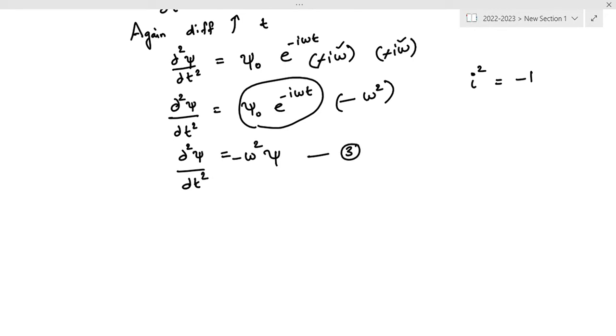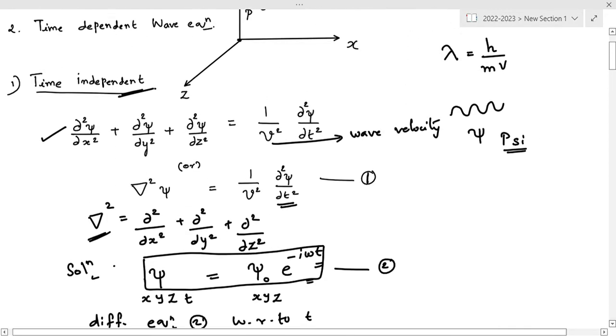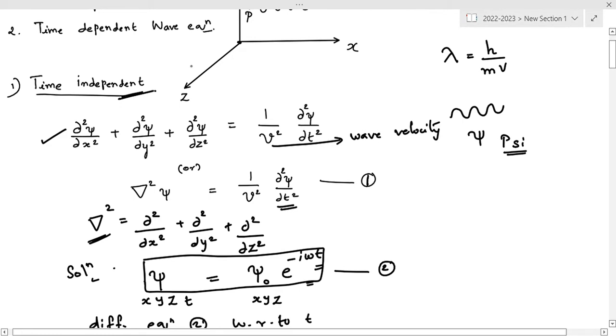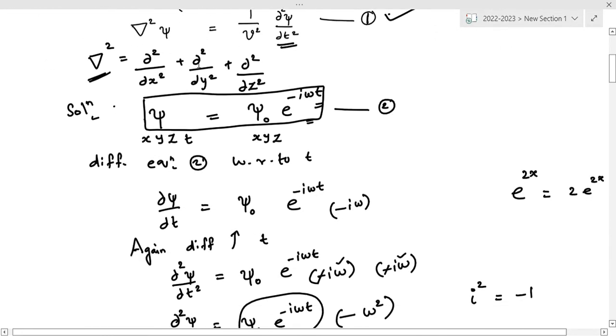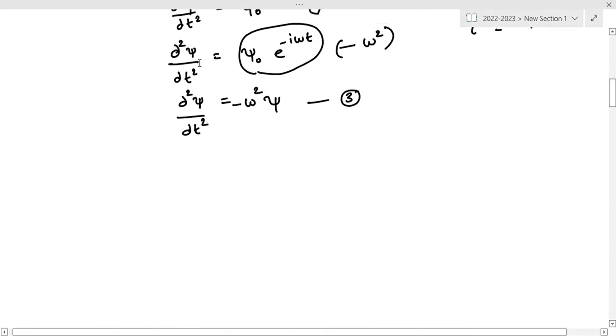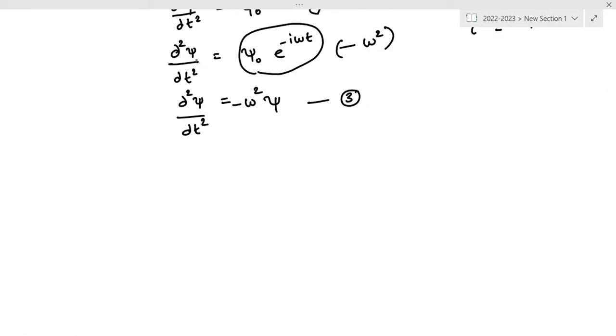Substituting equation 3 in equation 1, del square psi is equal to 1 by v square del square psi by del t square. So equation 1 becomes del square psi is equal to 1 by v square del square psi by del t square.